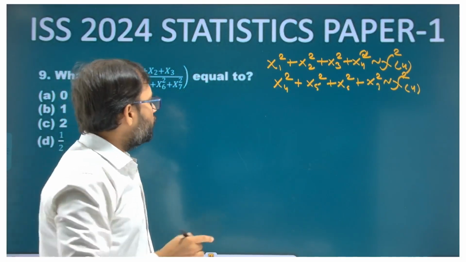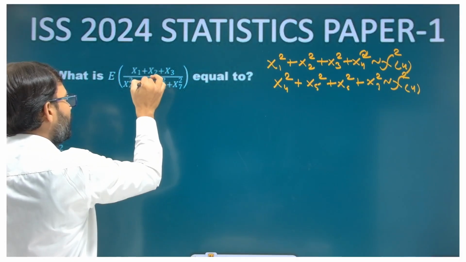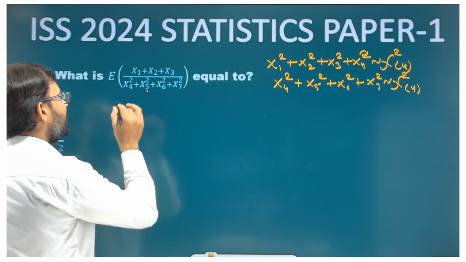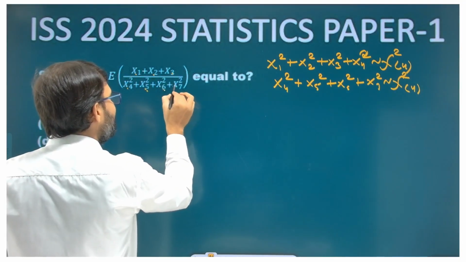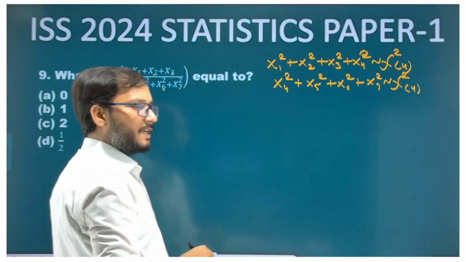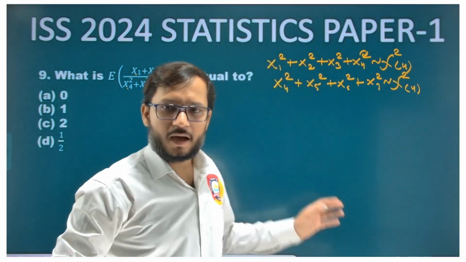So in this case I have to just see whether these two are independent or not. Yes, because this is based on x1, x2, x3 and this is based on x4, x5, x6, x7, and all x1 to x7 are independent. So these are independent.